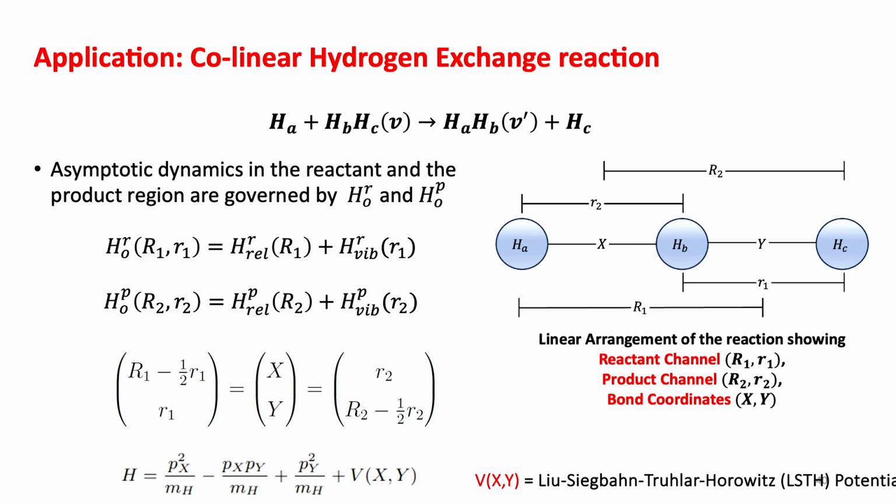And once we reach the transition state, we move to the coordinate system that we call the bond coordinates X and Y. So it's easy to work with this one in the transition state. This is the full Hamiltonian that we're going to work with, with the momentum in X and Y here. And then this is the potential energy that we took from this LSTH. These are the names of the authors that developed this potential energy surface for H3.